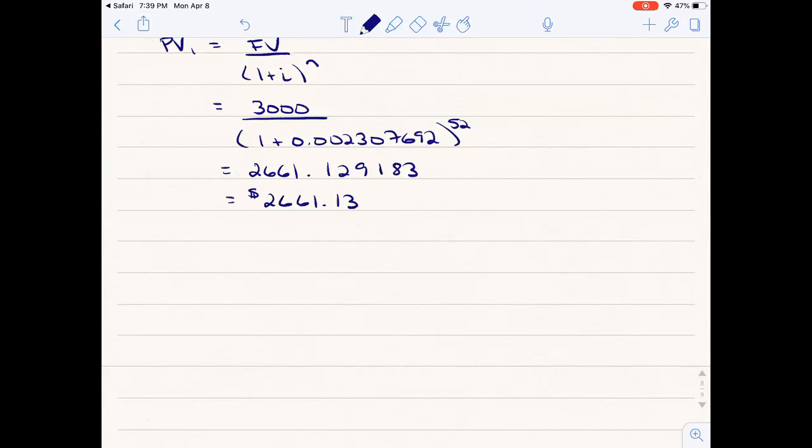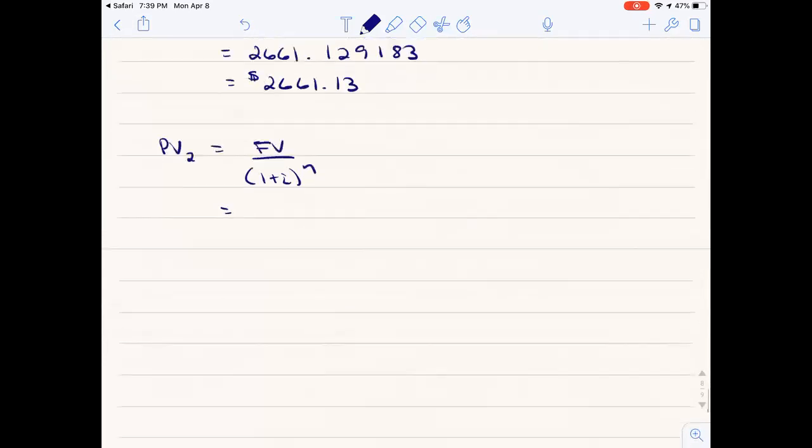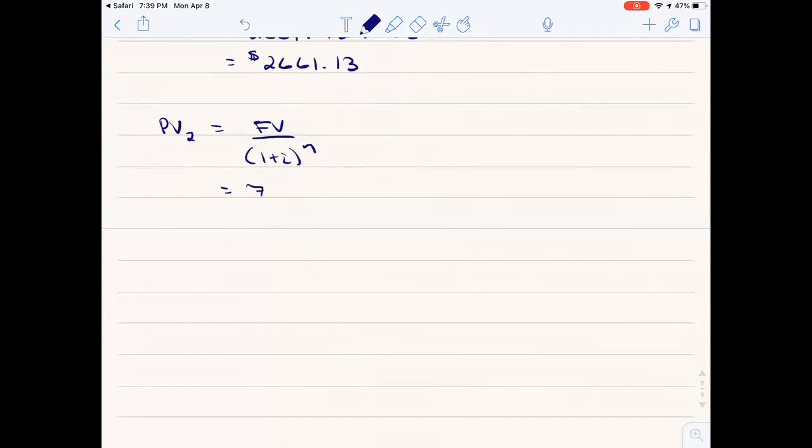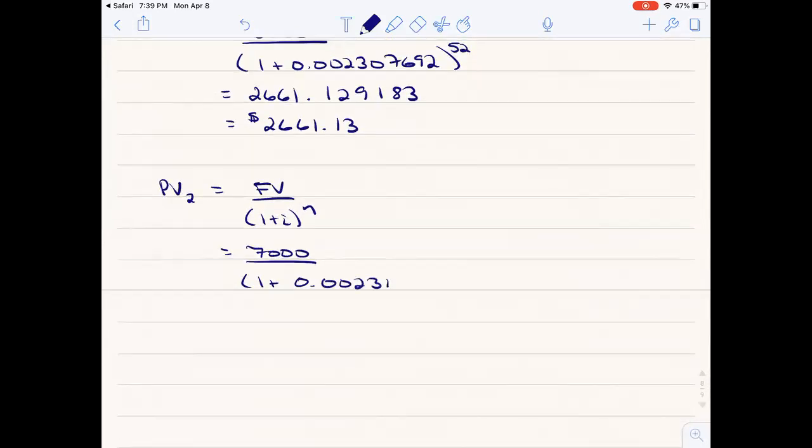On to the next one. Present value 2 is the future value times 1 plus I to the power of n. The future value here now is 7,000 over 1 plus 0.00230769. Remember I said, if you've told me that you've stored this I in 1 or whatever, if you just want to write recall 1, that's fine.